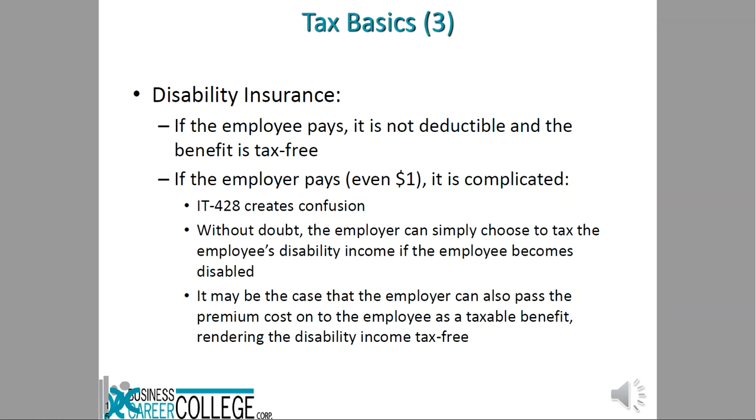If you wanted to take a risk-free approach to this, then you would not allow the employer to T4 the employee for the amount of premium paid. If you're willing to take some risk with it, then you might allow the employer to pay the premium and pass a T4 on to the employee.